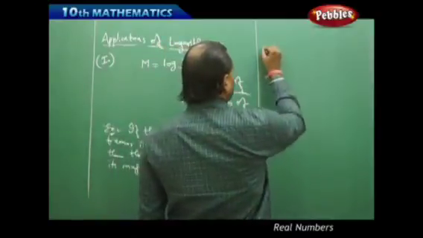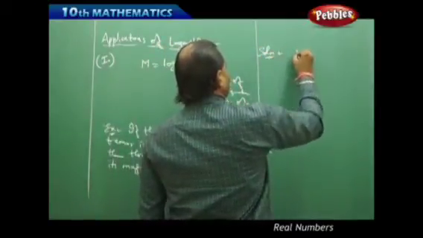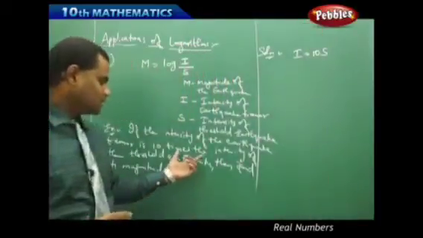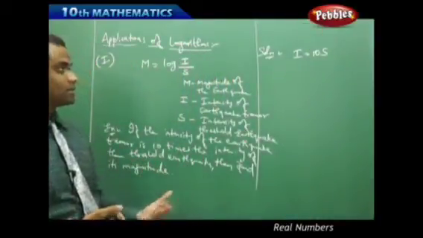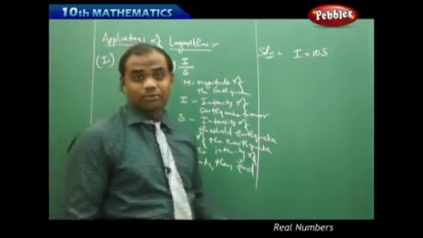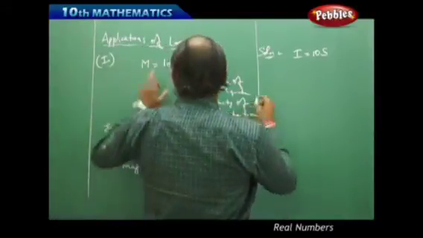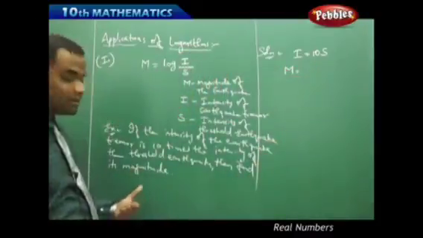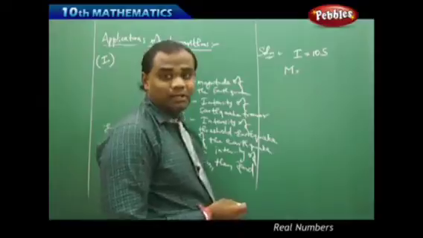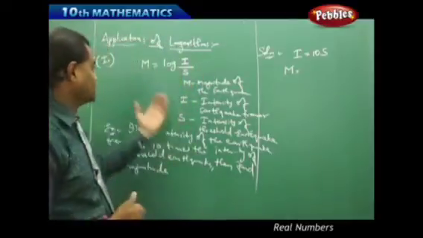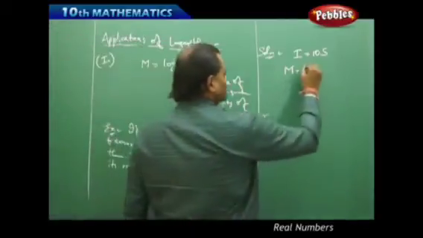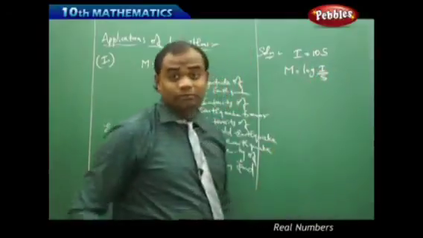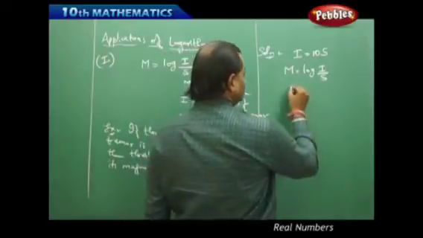So I is 10 times S. Since the question is about finding the magnitude, I have the formula connecting M, I and S: M equals log I by S, to the base 10, of course, the common logarithm.